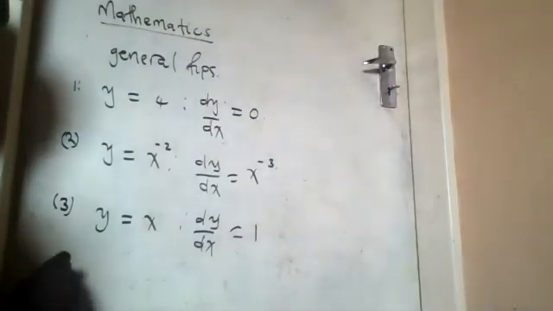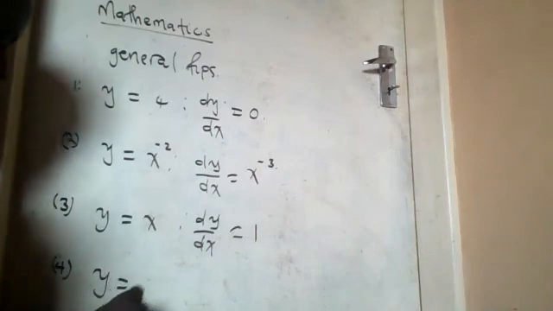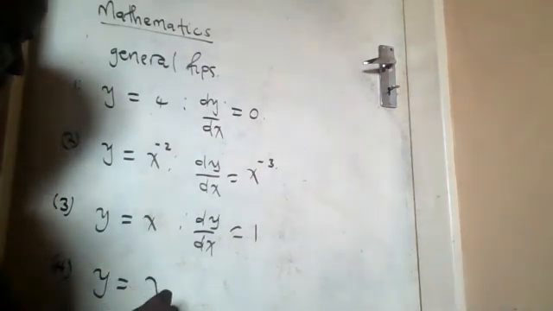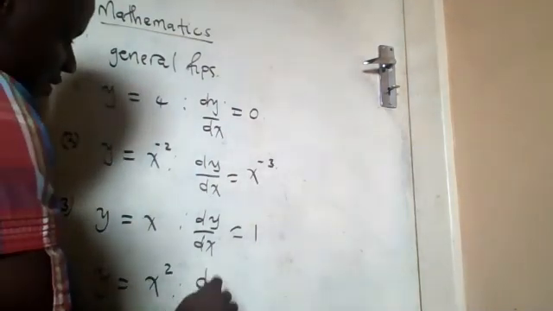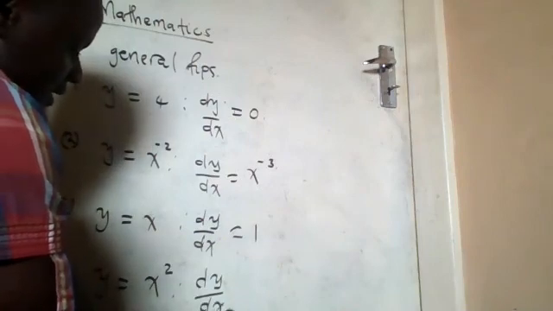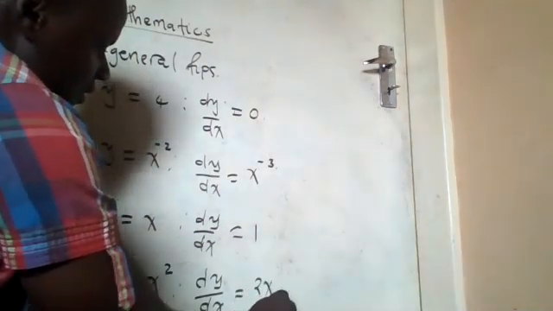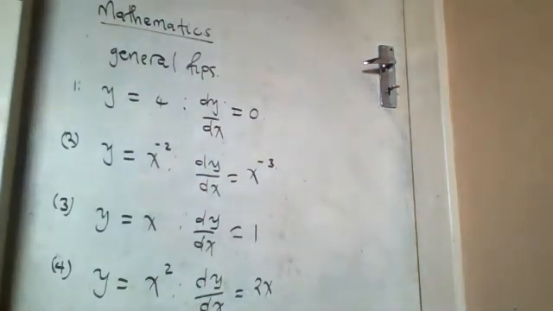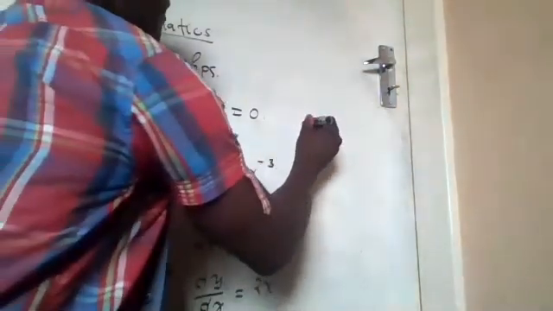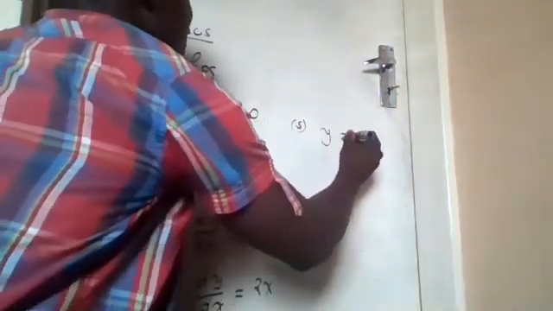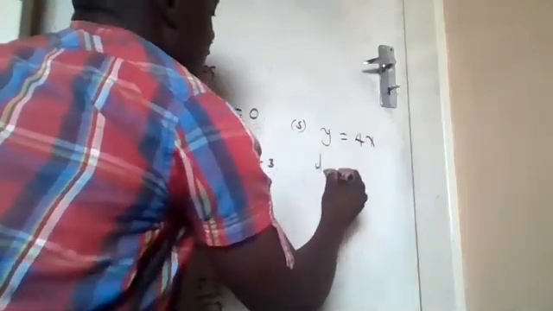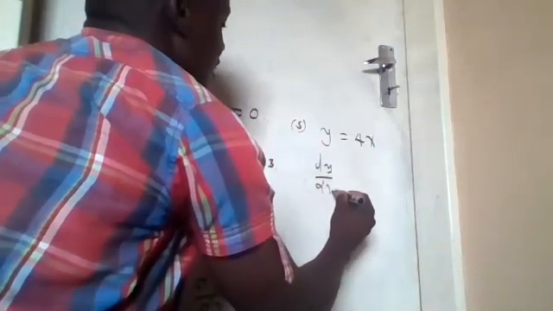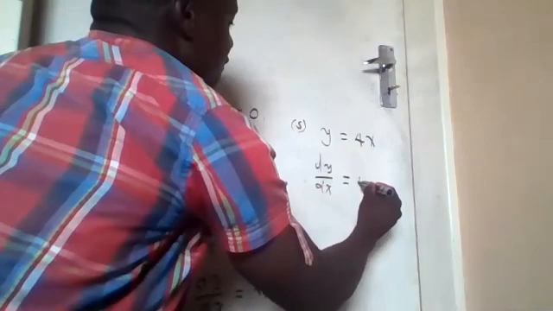Then the fourth one, if y is equal to x squared, then the dy over dx will be 2x. And the last one, the fifth one, given y is equal to 4x, the dy over dx will be equal to 4.